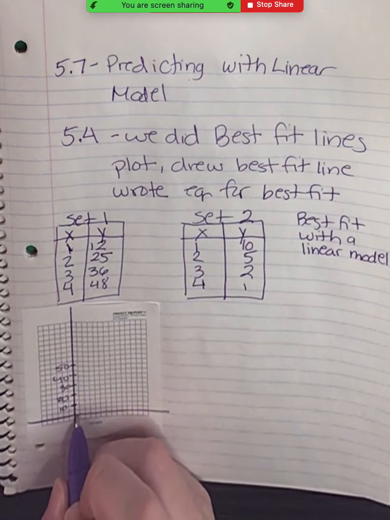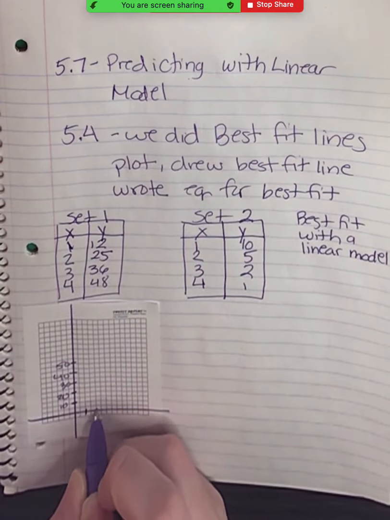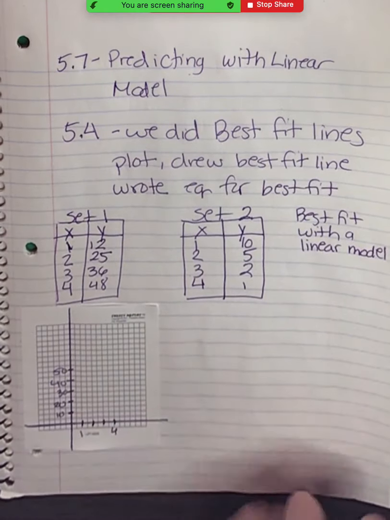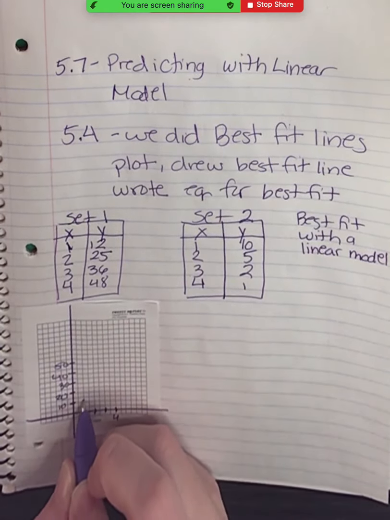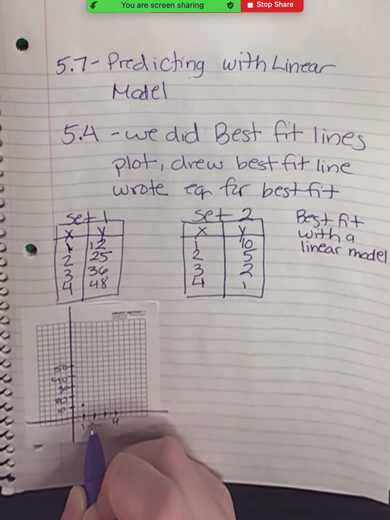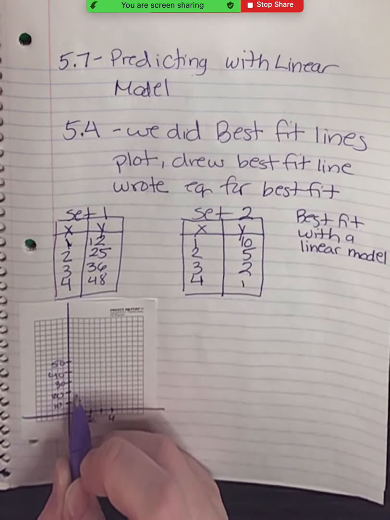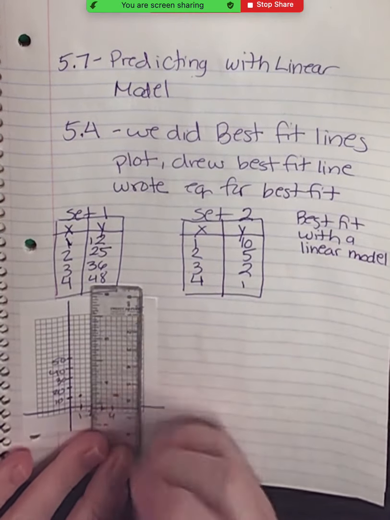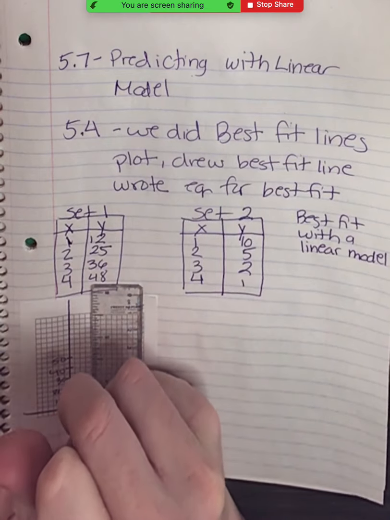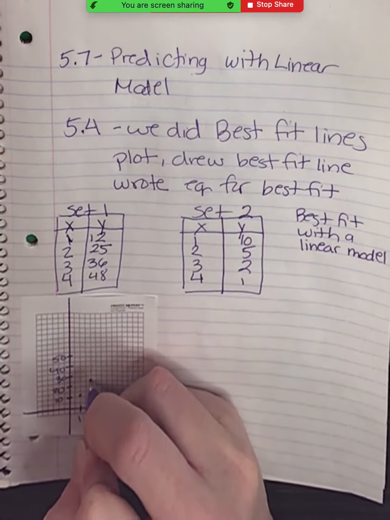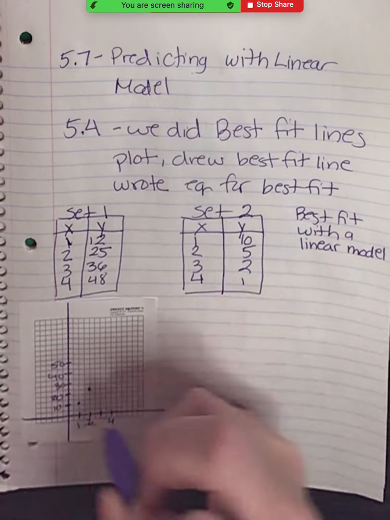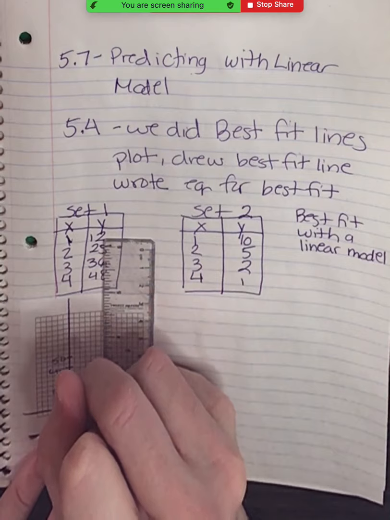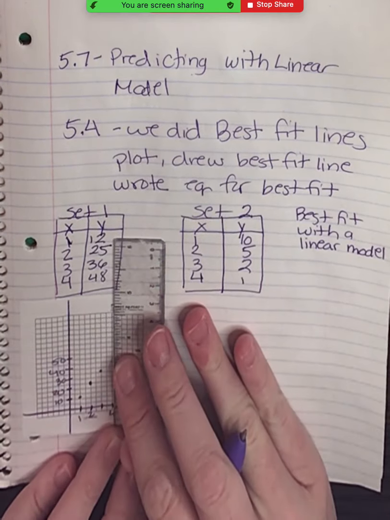And then just by ones on the X. So 1, 2, 3, and 4. Okay, so 1, 12, 2 is 25, so here, 3 is at 36, so just over 35, and 4 is at 48, so almost to 50.